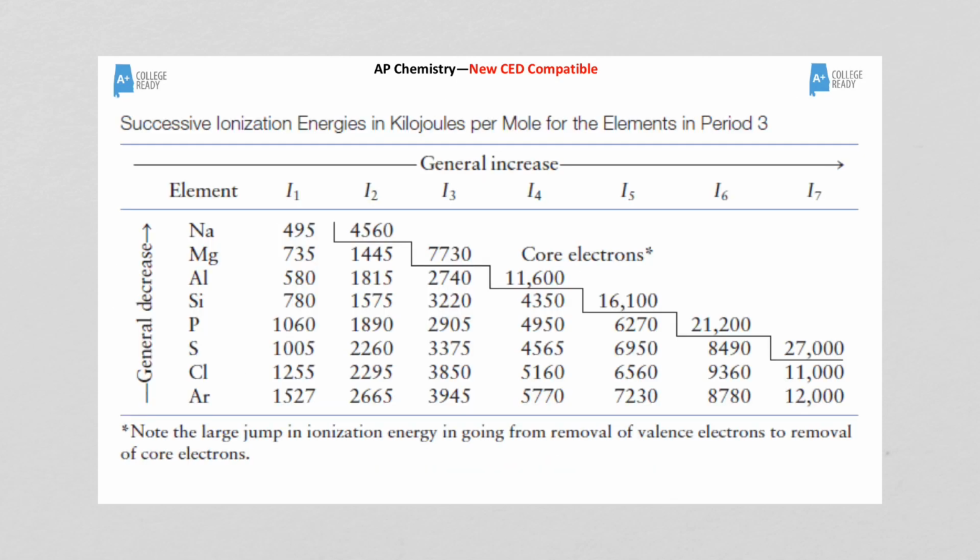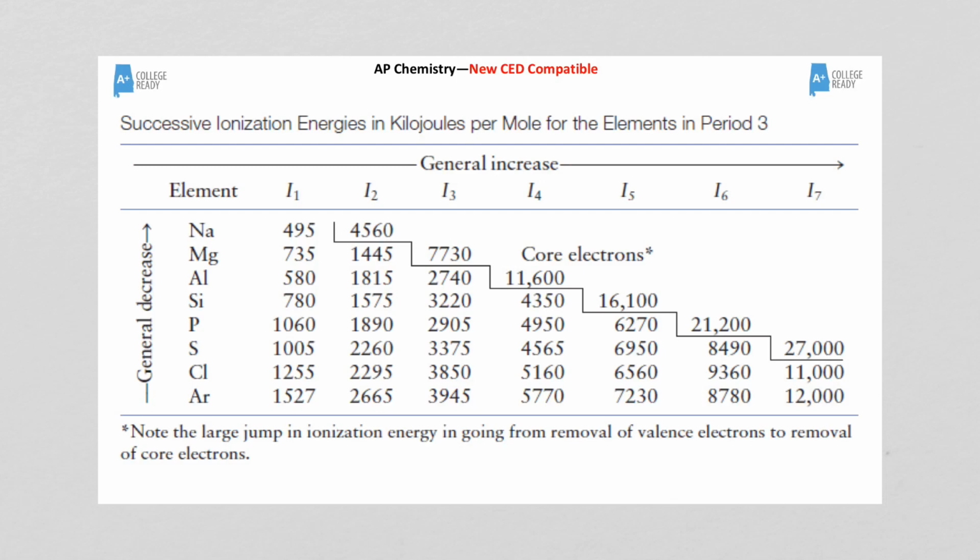Now, when we're talking about ionization energy, and we really talked about this with PES, these ionization energies could be numbered, as you see here. A lot of times they'll be IE1, IE2, but this textbook just used I's. Notice the number refers to which electron you're removing.